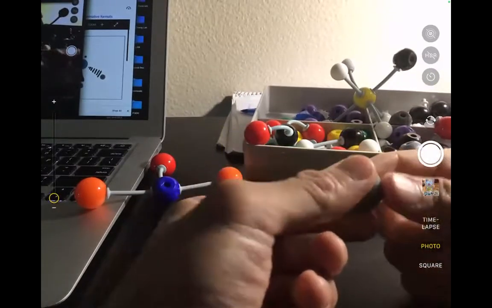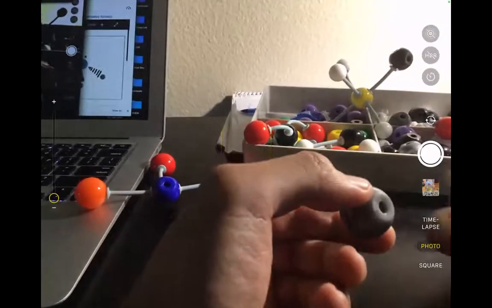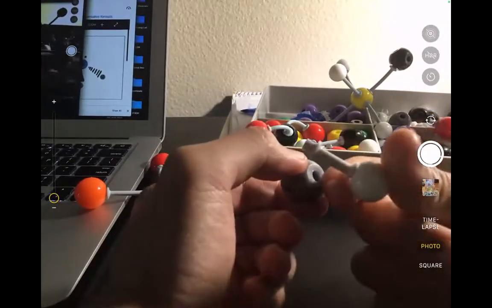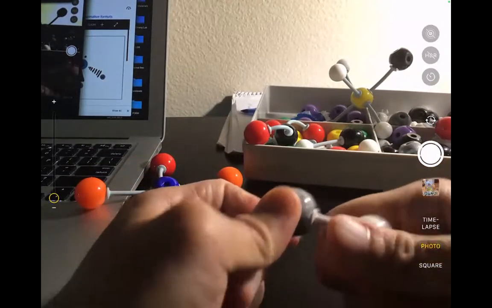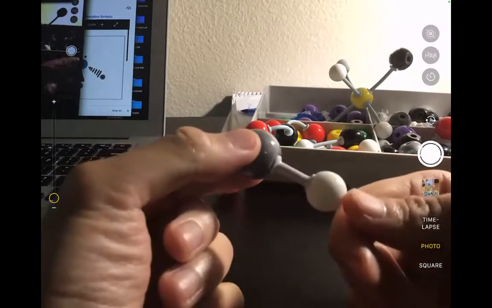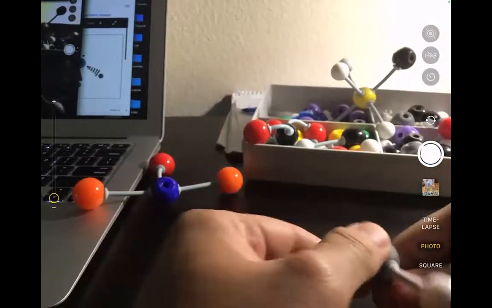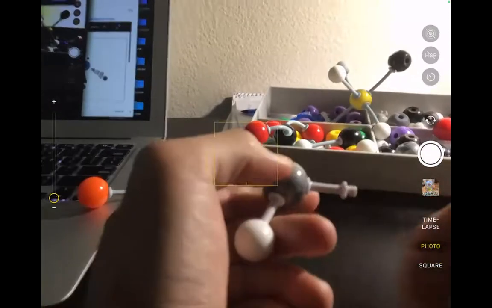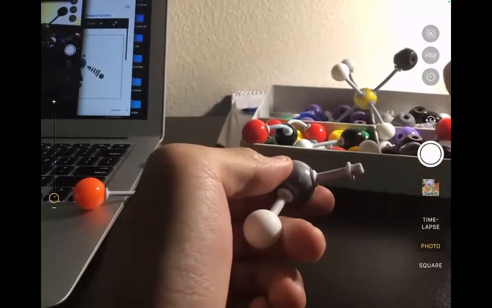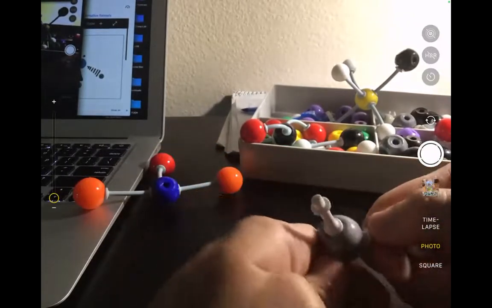This time I'm going to use a shorter bond to represent a double bond, and connect the gray sphere with the slightly shorter bond.